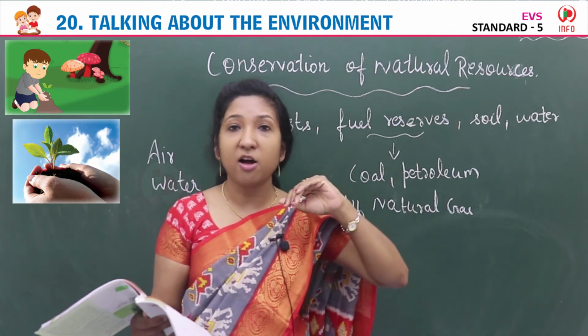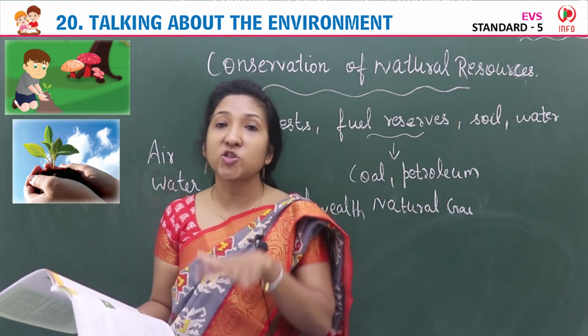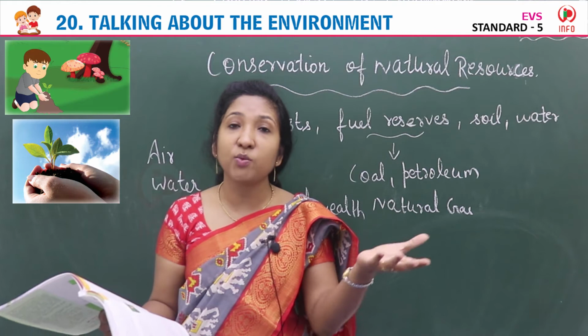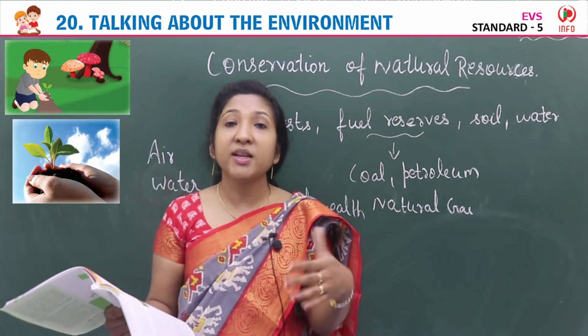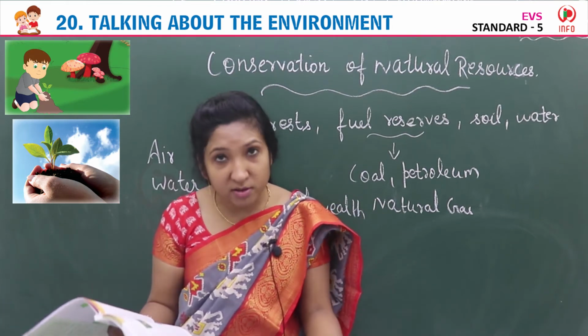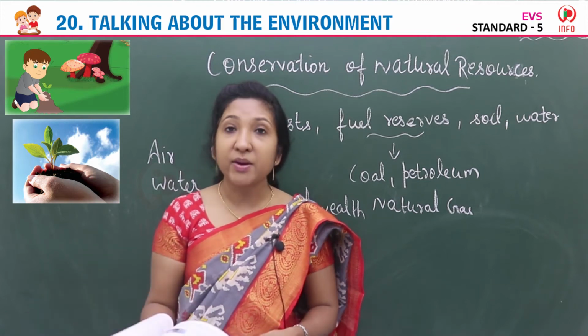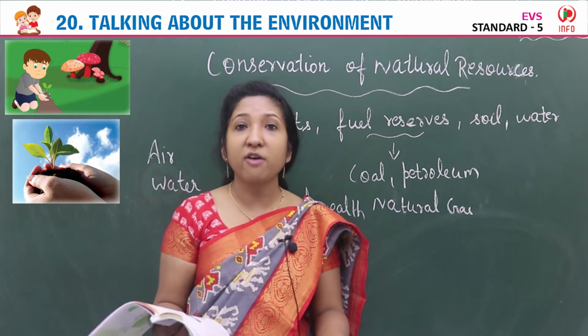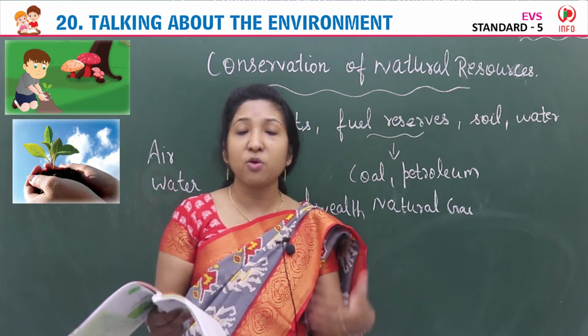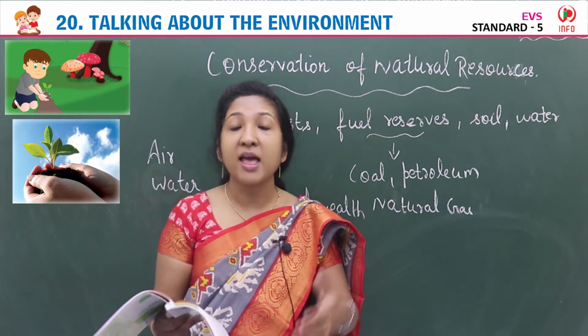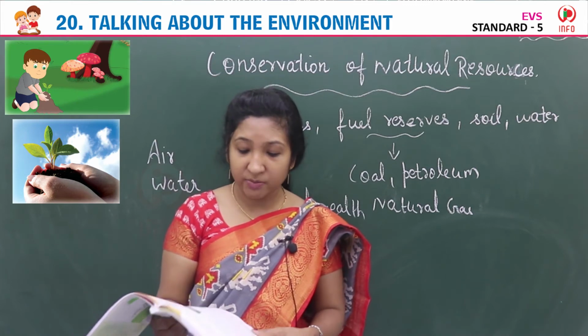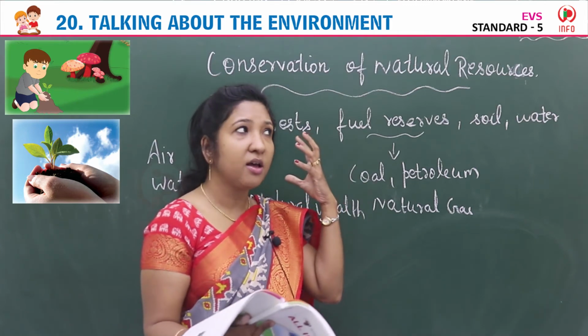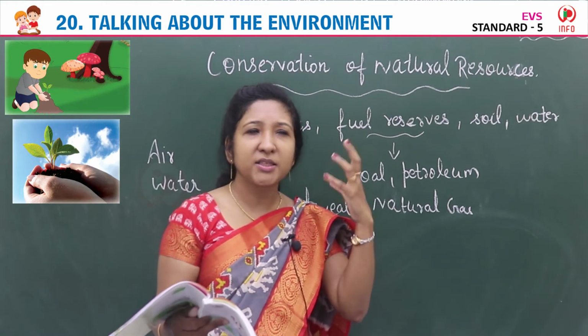Population is increasing a lot. Day by day, population is increasing. The number of people everywhere is increasing. So demand for natural resources is also increasing. And what is happening? Human beings are exploiting, taking advantage of these natural resources, more and more use of these resources, and they're exploiting them without thinking or without any mercy or pity.